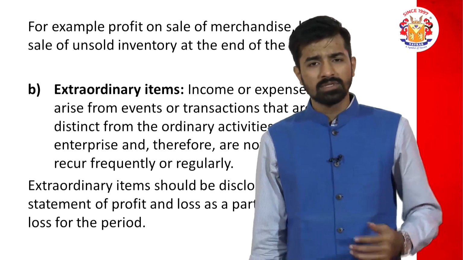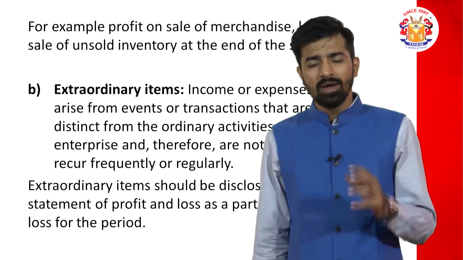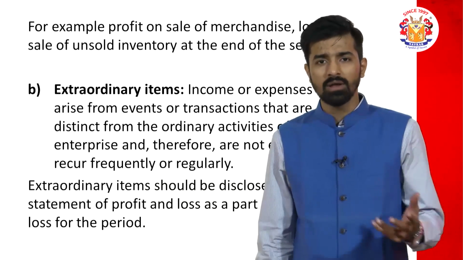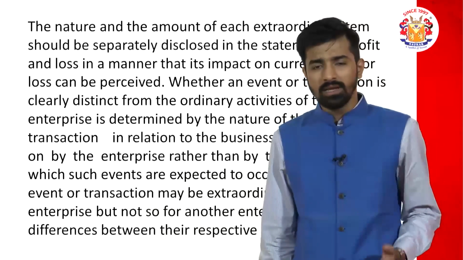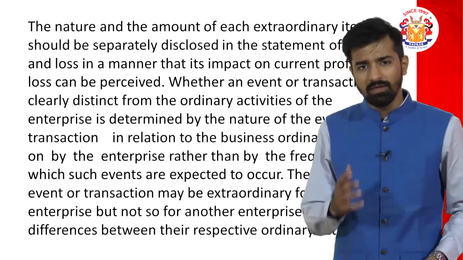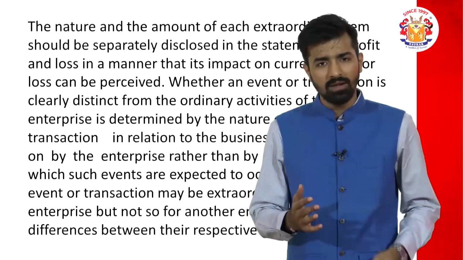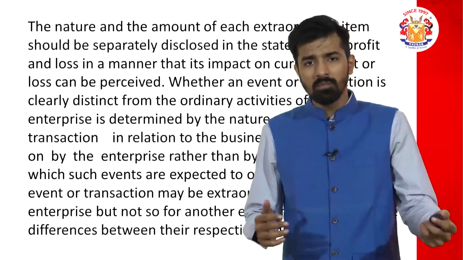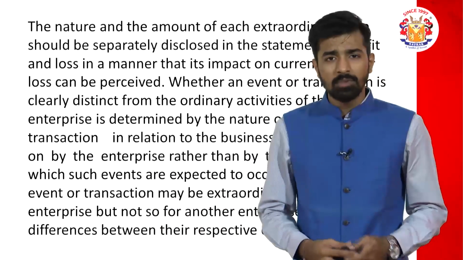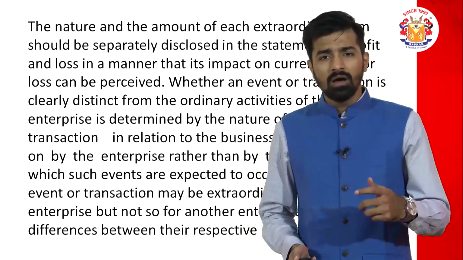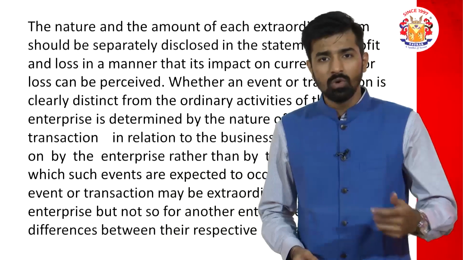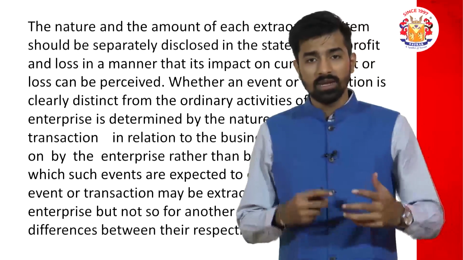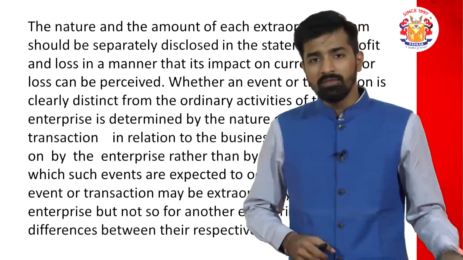We'll take some examples, but first let us understand why an extraordinary item can differ from one enterprise to another. The nature of every extraordinary item must be different for one enterprise from another. Let's take an example: loss due to earthquake. It is an extraordinary thing for every other enterprise.